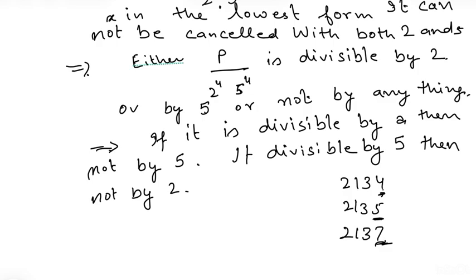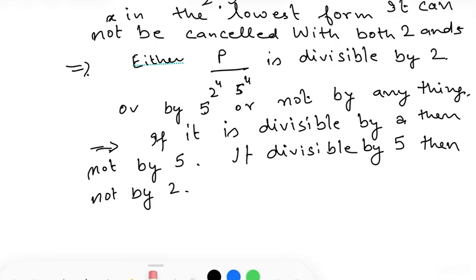So in every case this number will be divisible by either 2 raised to power 4 or 5 raised to power 4, या दोनों से ही हो जाएगा लोएस्ट फॉर्म में, राइट. ये मल्टीपल्स तो होंगे ही होंगे इसके. उसने यही पूछा है कि when written in the lowest form is divisible by 2 raised to power 4 or 5 raised to power 4.